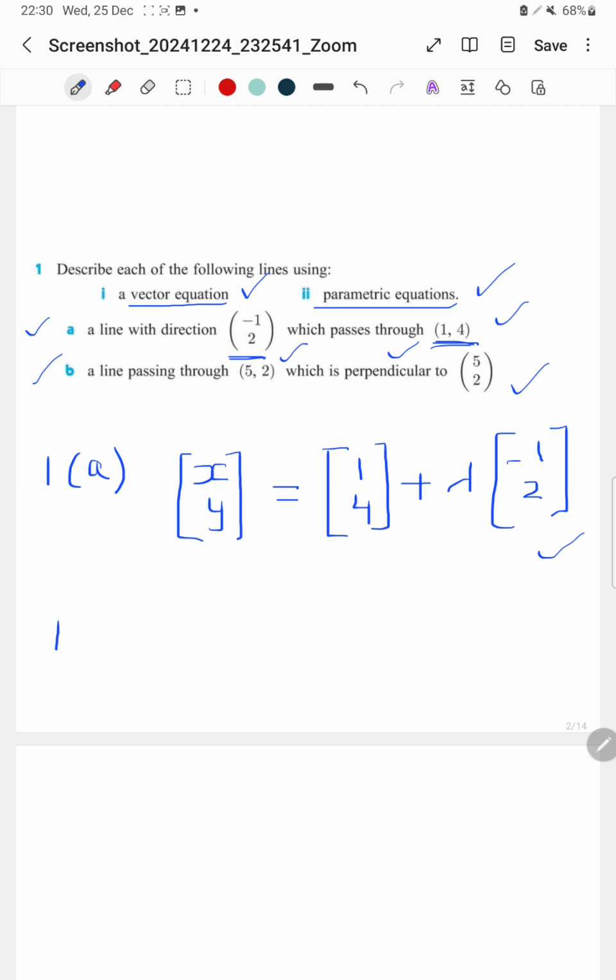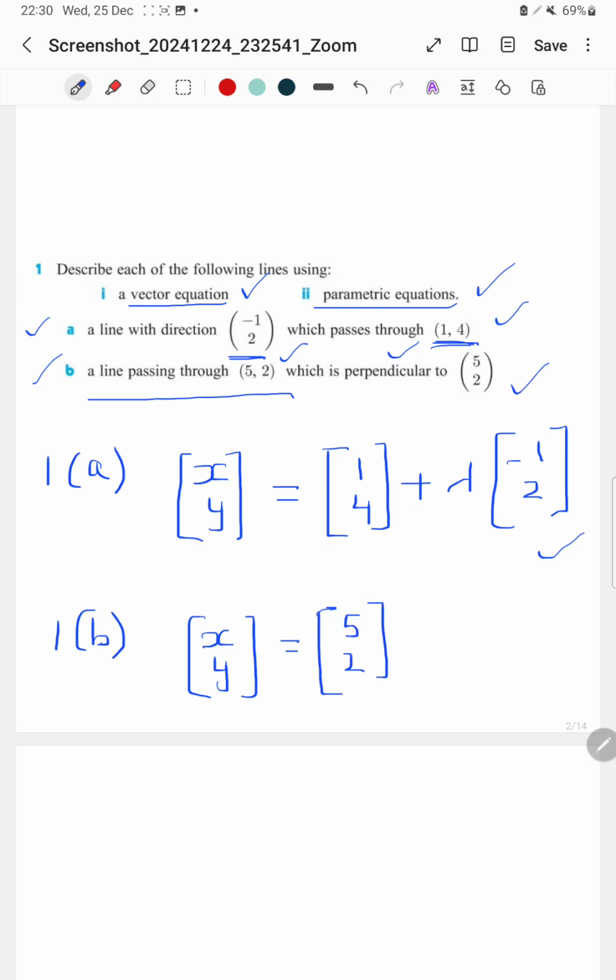Now the second is 1b. Here I will explain both ways, because if I want to find the parametric equation, I need to find out the vector equation. So what they are saying here, a line is passing through this point 5, 2. So I know the equation is written as xy equals the first point, whatever I know, that is given here, 5 and 2, plus lambda times a vector which the line is parallel to.